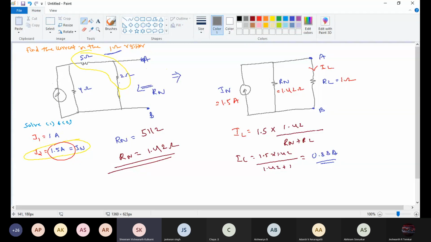Because here one voltage source was there before, we short circuited that one. Here also one voltage source was there. If this one is not short circuited, then Rn equals 5 and 4 in series, 5 plus 4 in parallel with 2. This is the case where this branch is not there.